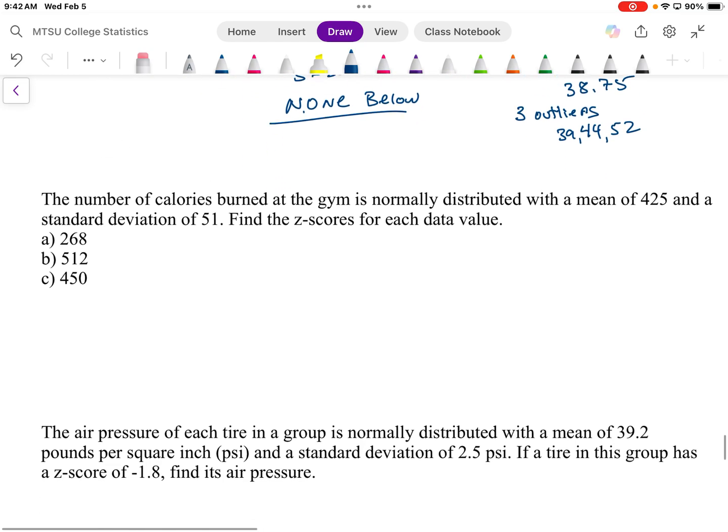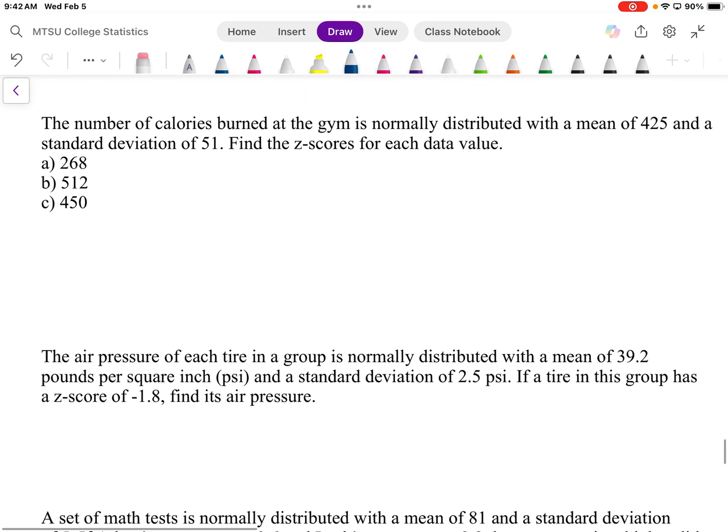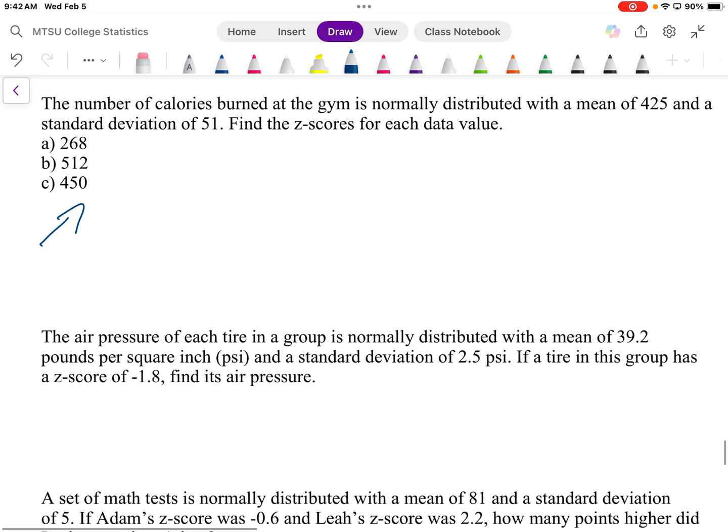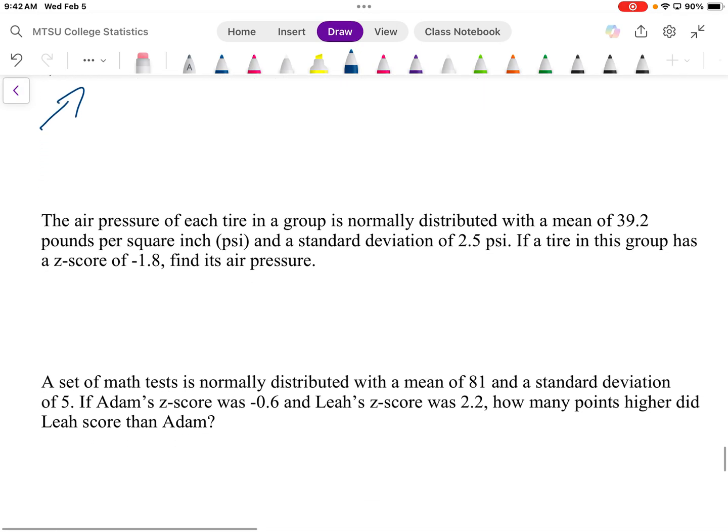I do have some extra problems here. I know you can do this first one here, converting all those ones to get their z-scores. I put a couple of these other word problems in here as extension problems in case they give us a z-score and ask us to find something different. Because technically, when you look at our formula, z equals x minus x bar over s sub x.